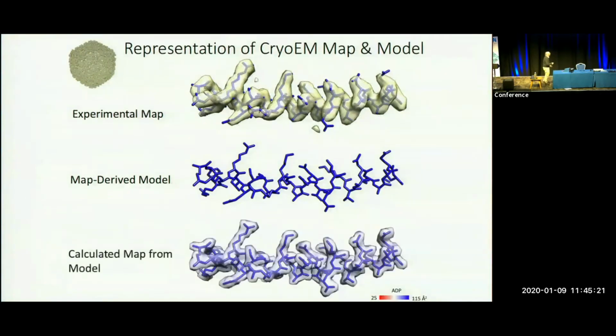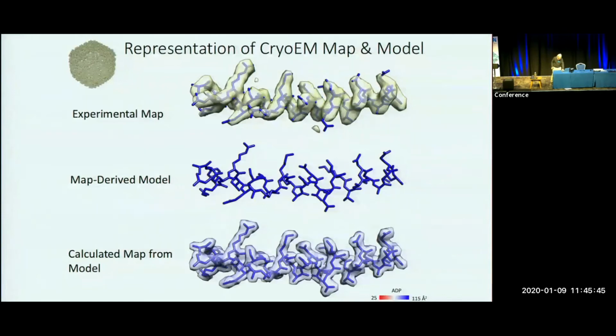Now, when you compare this model-derived map with the experimental map, they look different, right? Some density is not there in the original map, and now in your model you have it. So that means whatever you deposit in the PDB is not a faithful representation of where your data are. Now, how do you fix that?